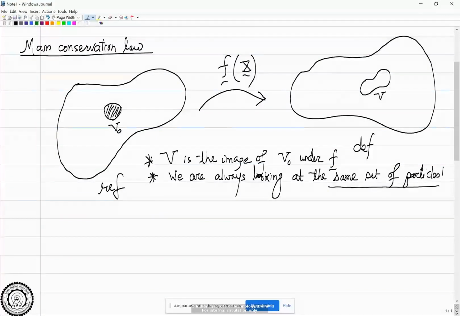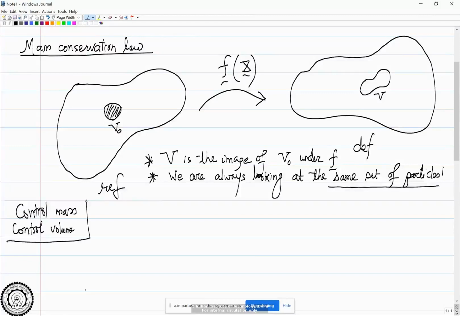You are looking at the same volume in space, then we say it's a control volume. And if it's a control mass, then the volume of that mass changes with time. So you have two concepts: control mass and control volume. And what we are looking at is a control mass.